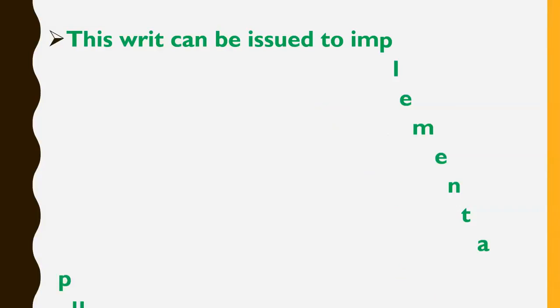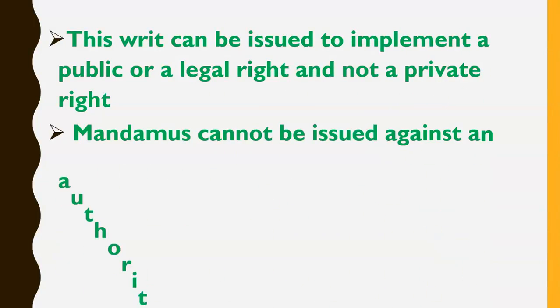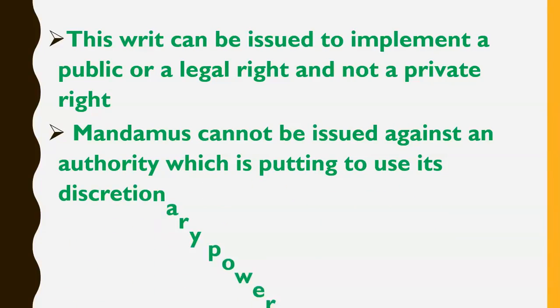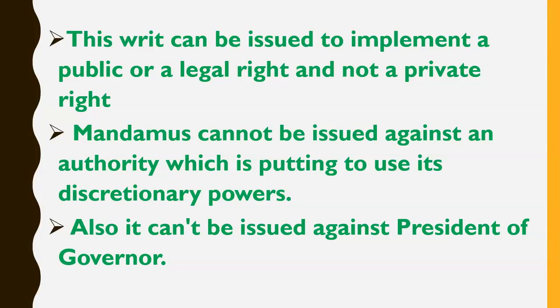Now friends, this writ can be issued to implement a public or a legal right and not a private right. Now what does it mean? Its simple meaning is that this writ can only be issued against government and government agencies, government organs.